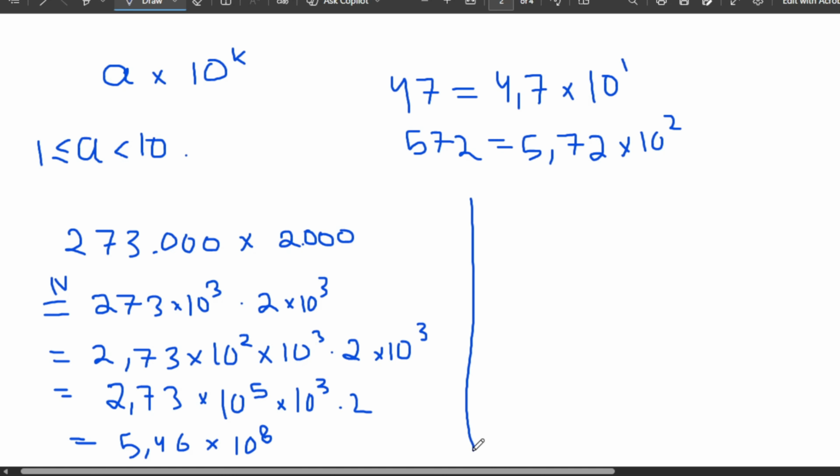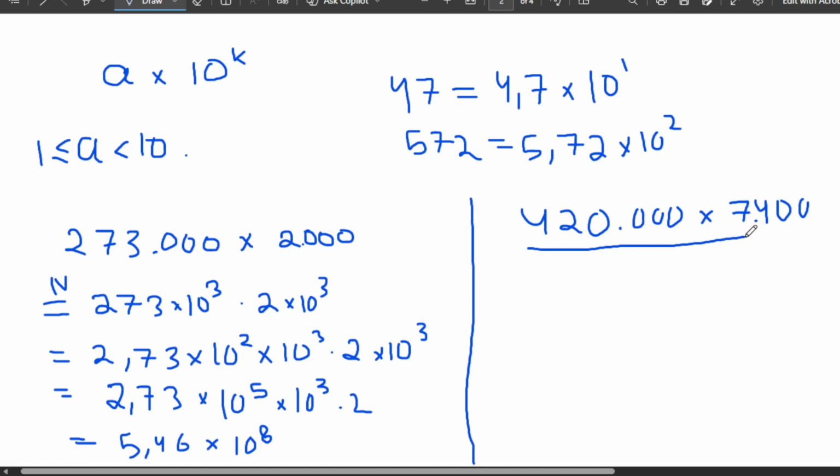And now let's do another example. Let's say we have 420,000 times 7,400 over 0.024. In the numerator, we have to convert this into scientific notation.